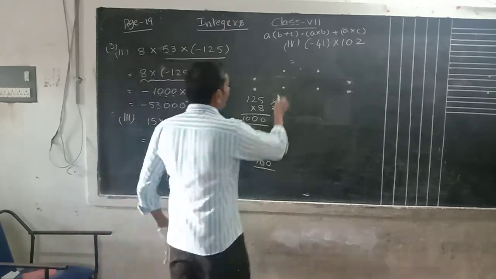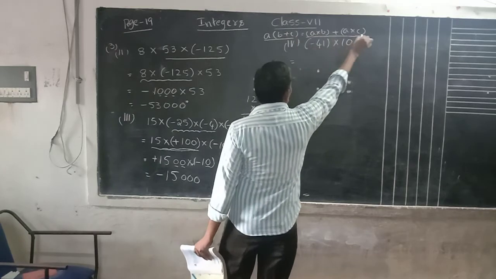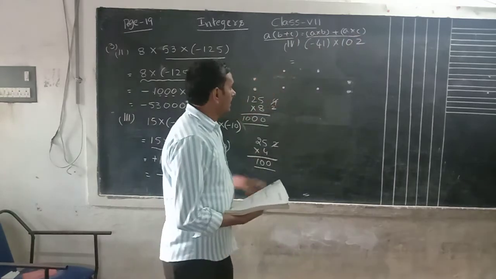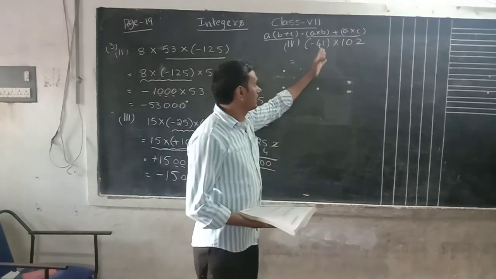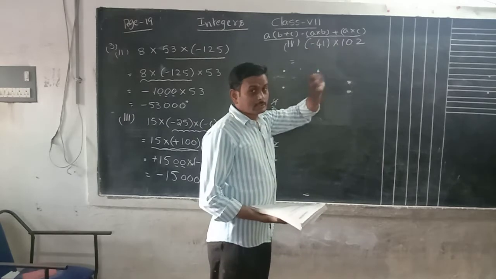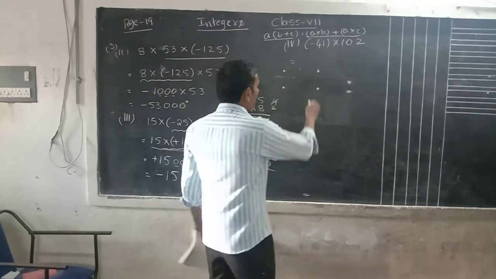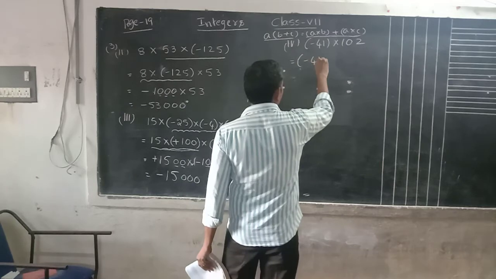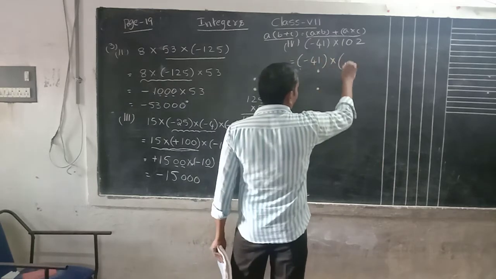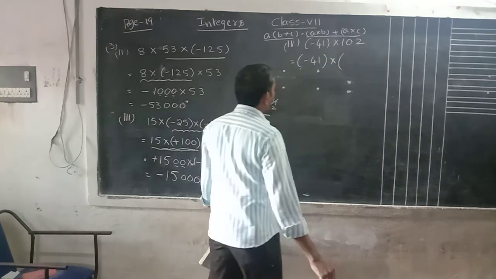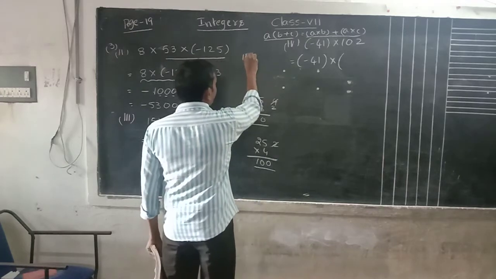That means, is this form or this form available here? No, we have to convert it, either this one or this one, but we have to choose the simplest way. So I want to write minus 41 the same, multiplied by 100.